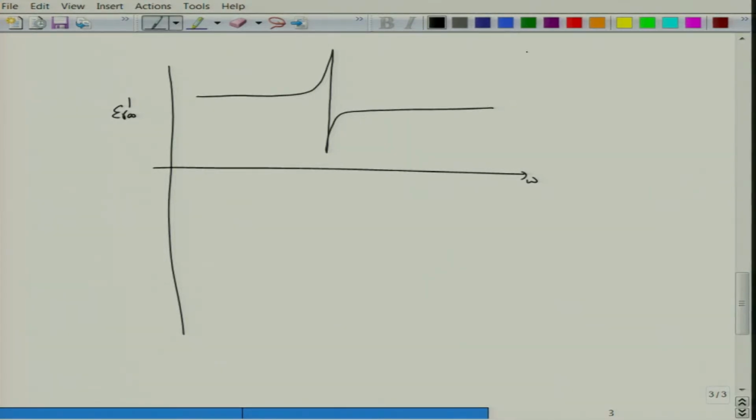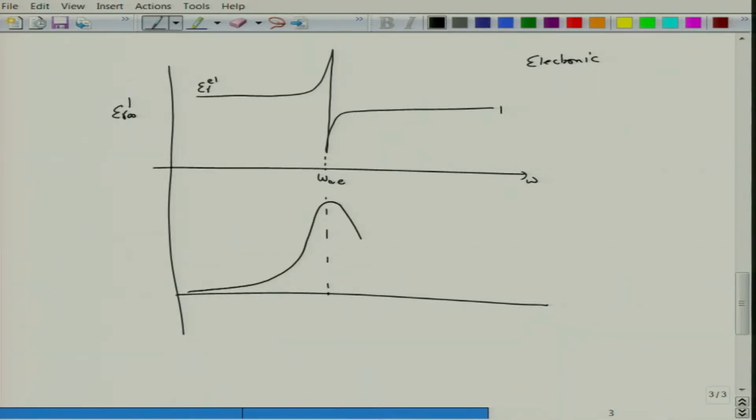So, if it is for electronic, then this would be 1 and this would be epsilon r electronic, and this frequency would be omega o e correspondingly, right, and at this point we will have the maxima in the epsilon r double prime. And correspondingly if you plot tan delta, which is equal to epsilon r double prime by epsilon r prime, you will see a peak in tan delta as well.